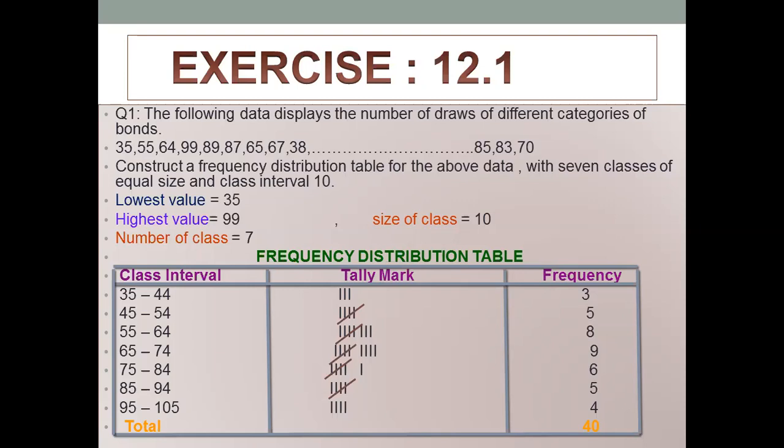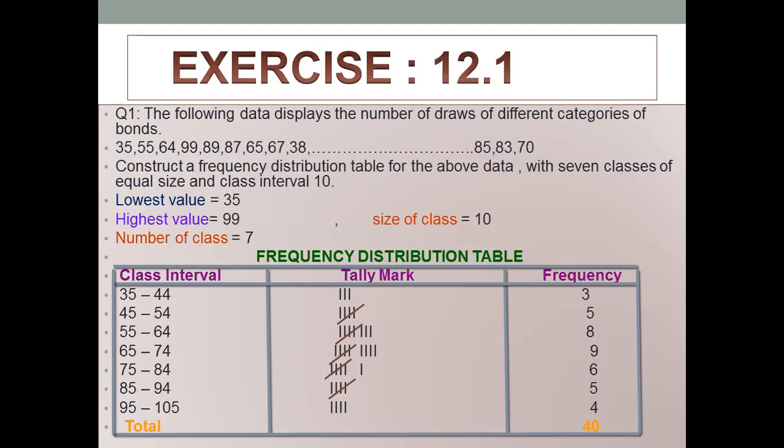I write here that the lowest value in our data is 35 and the highest value is 99. The number of classes given is 7, and the interval is given as 10. It means the difference between two classes will be 10.